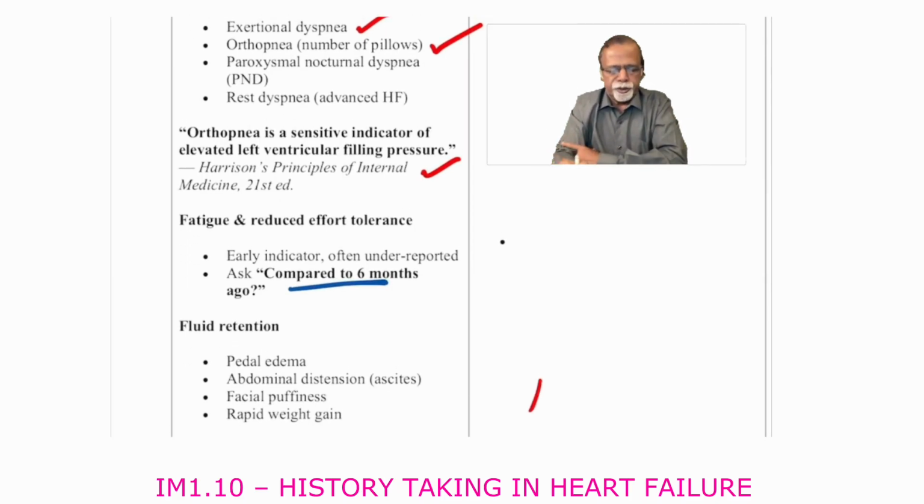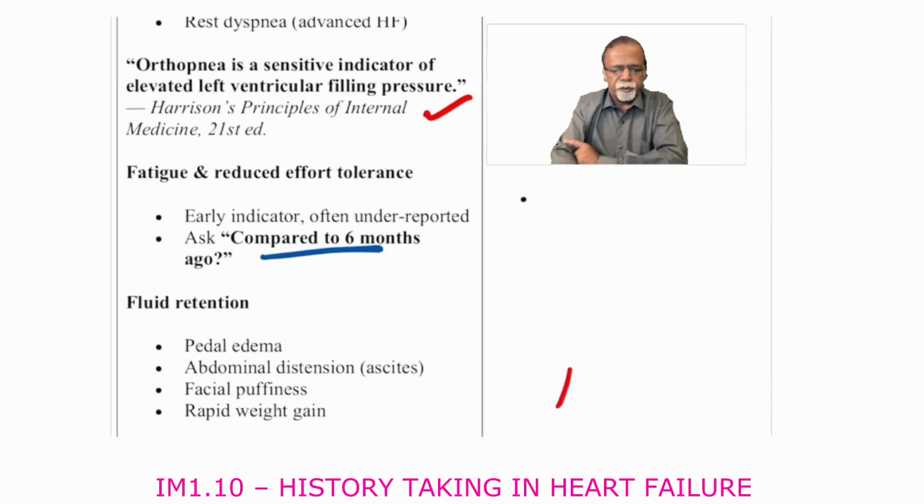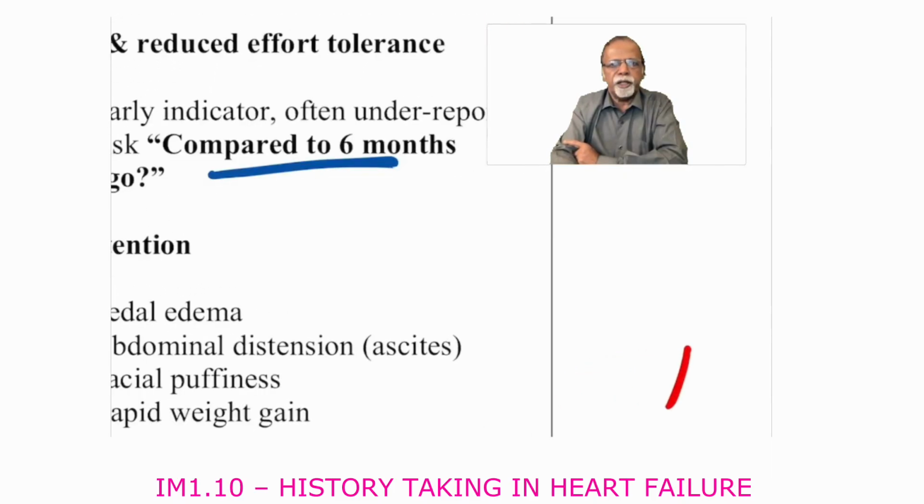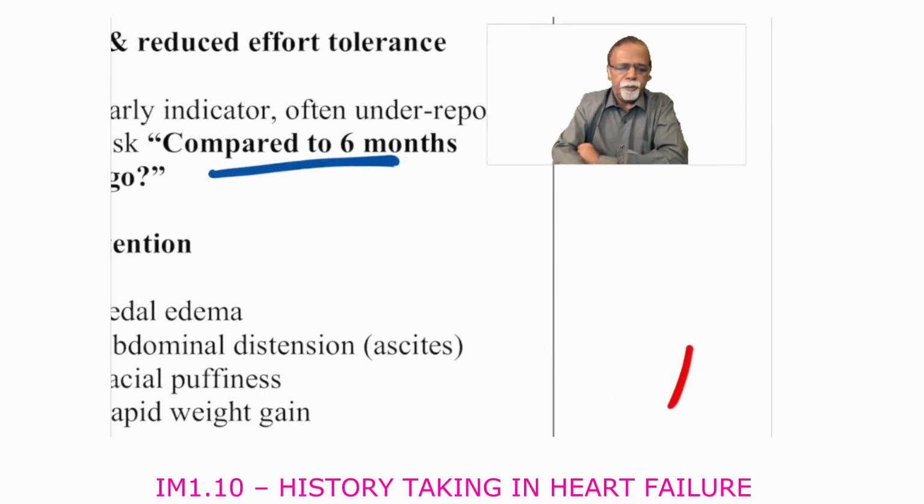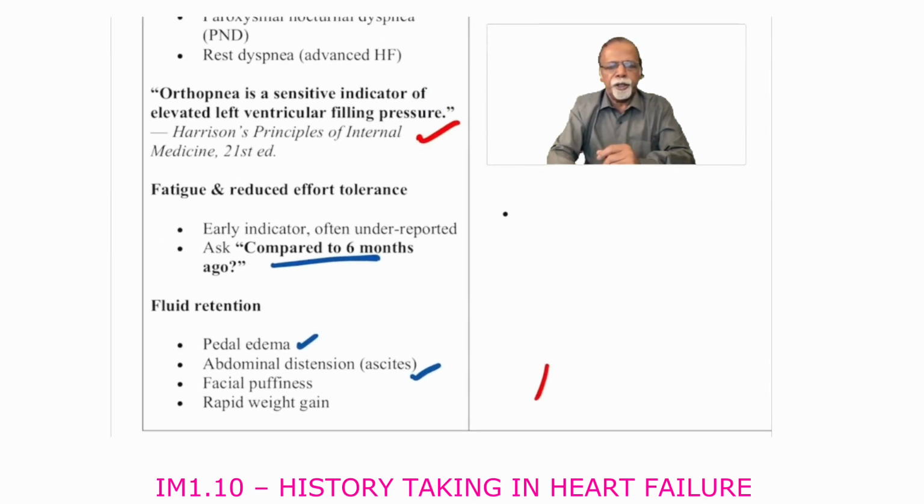Then fluid retention. The point to be remembered is that in heart failure, usually it is the dependent edema that is important. Abdominal distension can occur, but this is more common in liver disease. So the edema in heart failure is dependent edema, the pedal edema. The patient is walking around, so the edema is more in the evening.